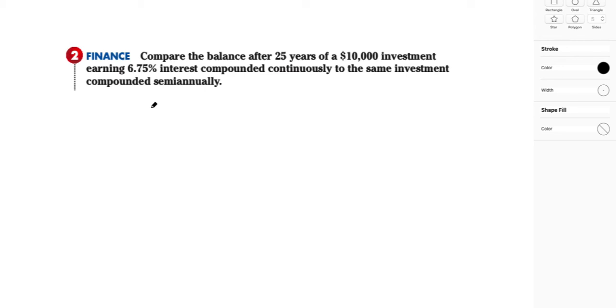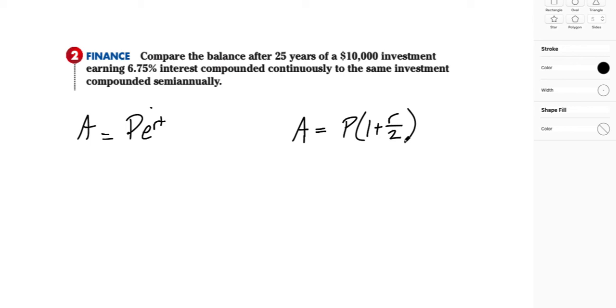For the continuously compounded investment, we would use PERT: the amount is equal to the principal times e to the rt power. Compounded semi-annually, that means twice a year, right? So the amount is equal to the principal times 1 plus the rate over 2, to the 2t power.